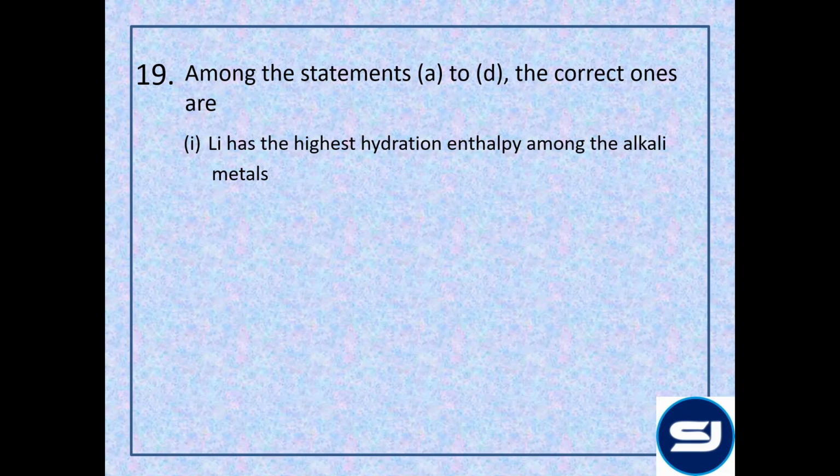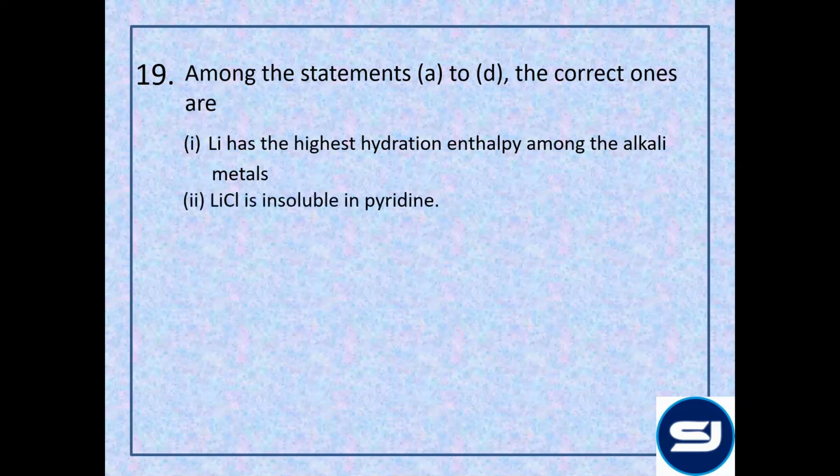Because of the smaller size, it has the highest hydration enthalpy. And because of the highest hydration enthalpy, its reduction potential was highest. In fact, theoretically, the reduction potential should be highest for cesium, but exceptionally lithium's reduction potential was the highest. In fact, the reason lithium comes first in the order is its highest hydration enthalpy, which dominates over the ionization enthalpy of Li.